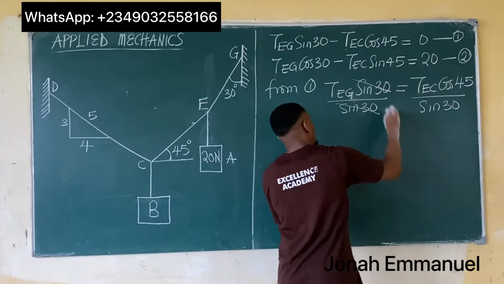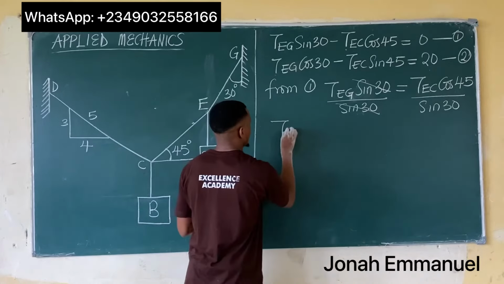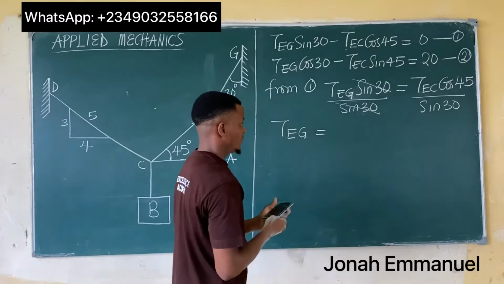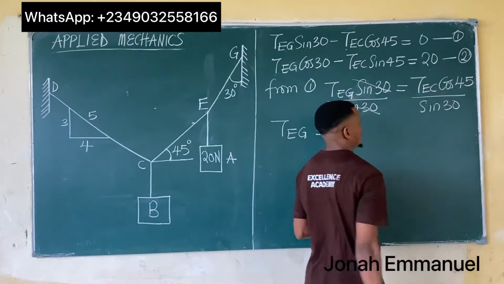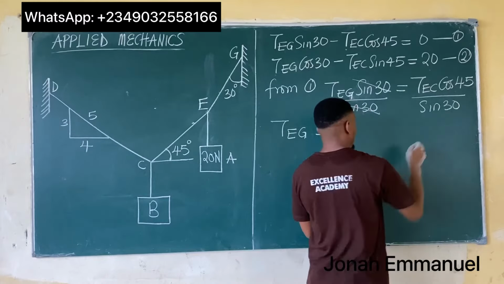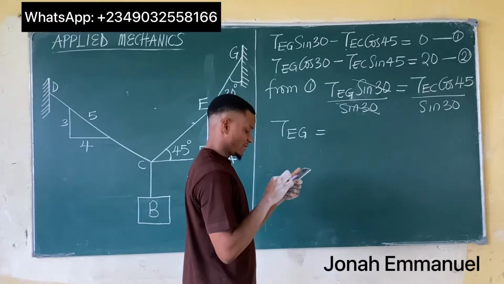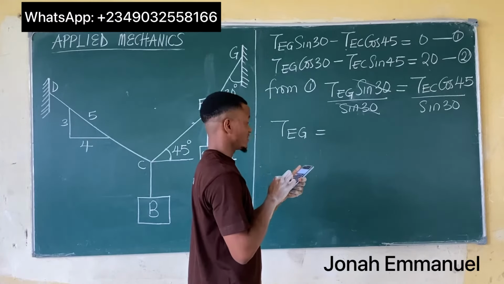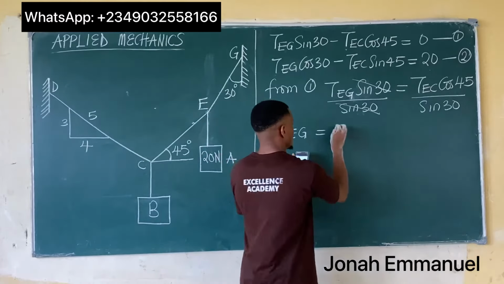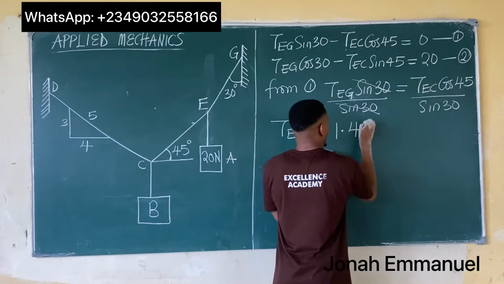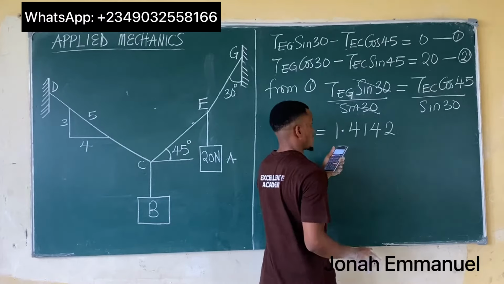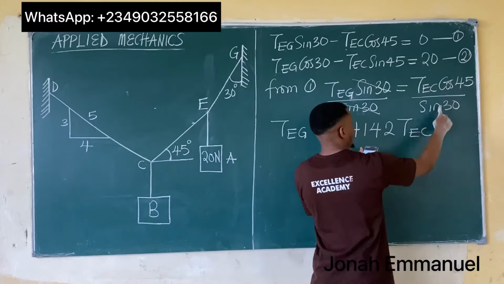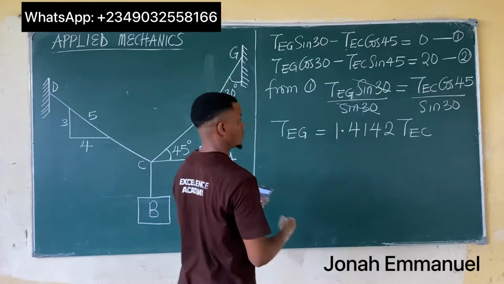So this cancels this. So TEG is equal to, we'll just do this brief math, cos 45 over sine 30. That's about 1.4142 TEC.